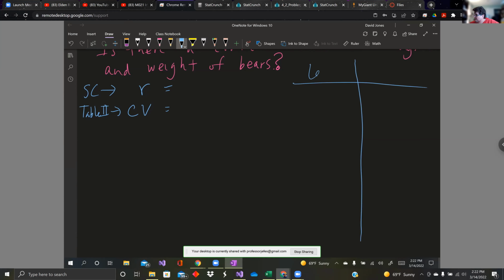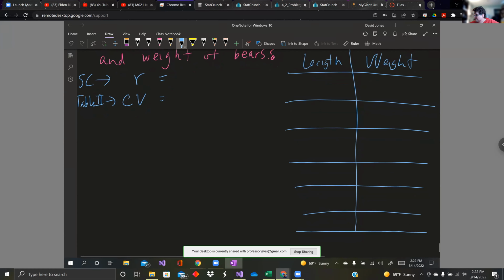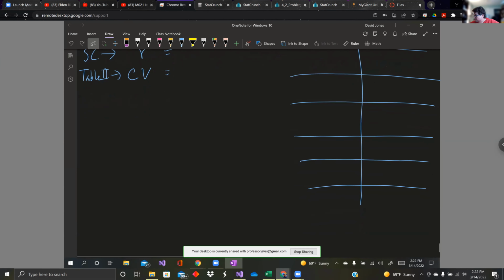So we got length, weight. Let's see, I'm going to break it in sets of, I know how many bears there were. There was 12. So I want to undo that last one. Make that line a little bit longer.